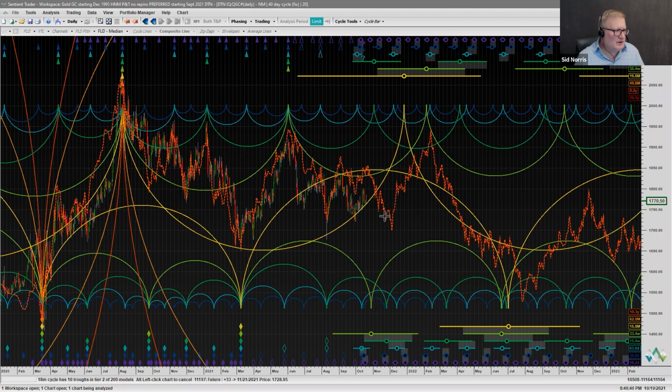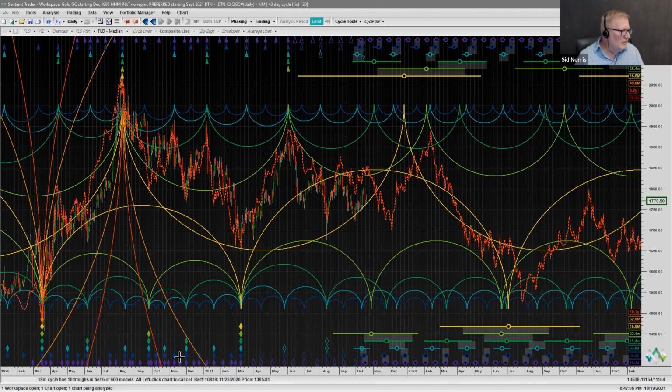And the amazing thing is, Hurst just changed its mind. For a while it was expecting it about here in November, December. But very recently it changed its mind, and I don't think it was right either time. I think that the proper place for that 18-month cycle trough is right here.